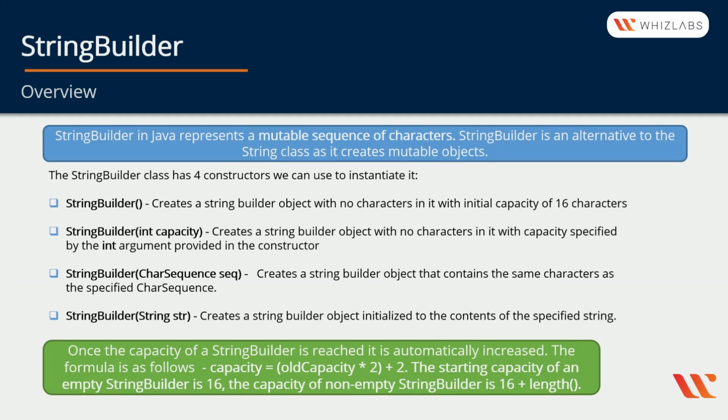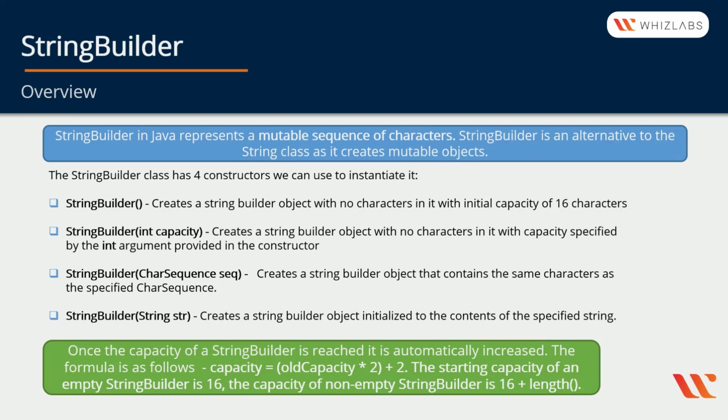The StringBuilder class has 4 constructors we can use to instantiate it. The StringBuilder empty constructor creates a StringBuilder object with no characters and with an initial capacity of 16. StringBuilder, which takes an int capacity argument, creates a StringBuilder object with no characters in it, with capacity specified by the int argument provided in the constructor.